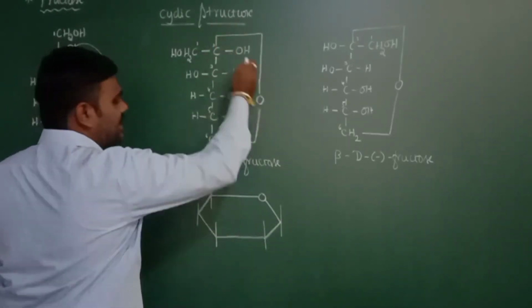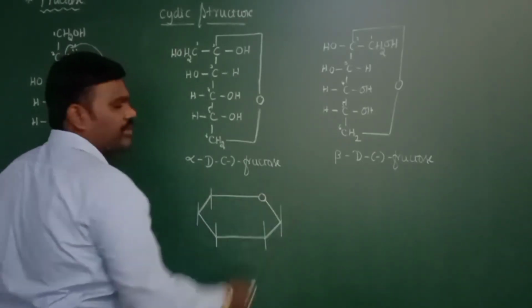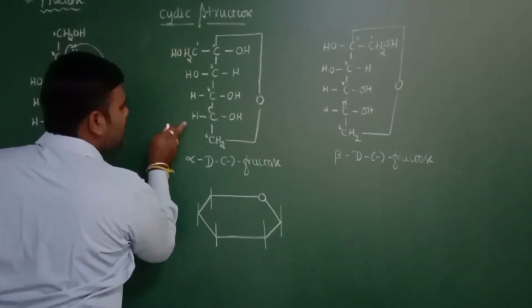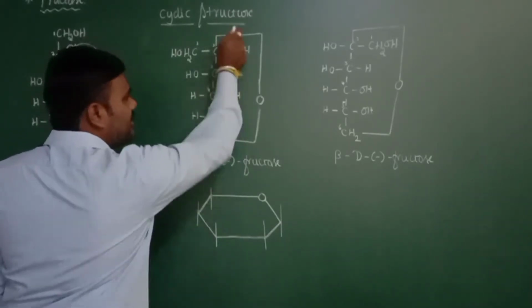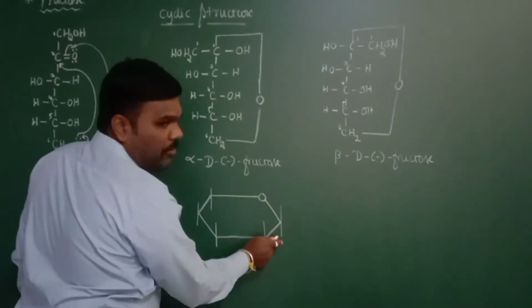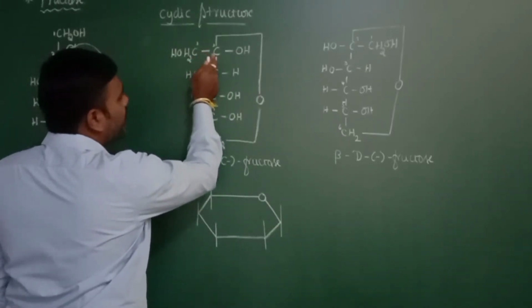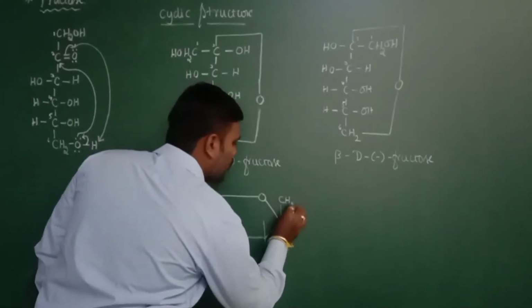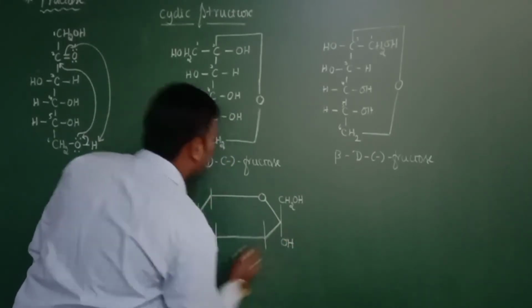If you know the cyclic structure, placing the groups at each terminal is very easy. Those groups that are present on the left hand side should be placed on the top edges, and those groups that are present on the right hand side should go to the bottom edge. So let us go with the first carbon atom of the ring, where on the left side we have CH2OH, which will go to the top, CH2OH, and here it is OH.